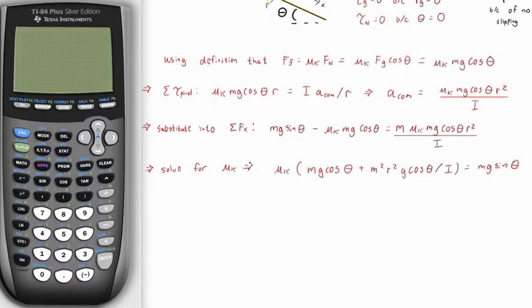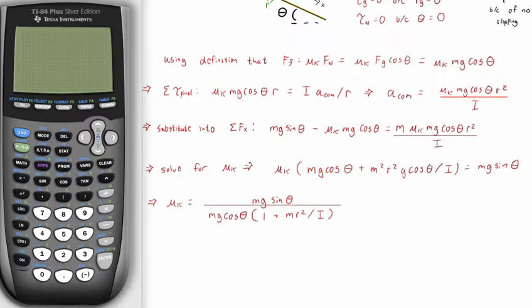So our friction coefficient is just mg sine theta divided by mg cosine theta, which I factored out, times 1 plus m r squared divided by I. Everything look good?